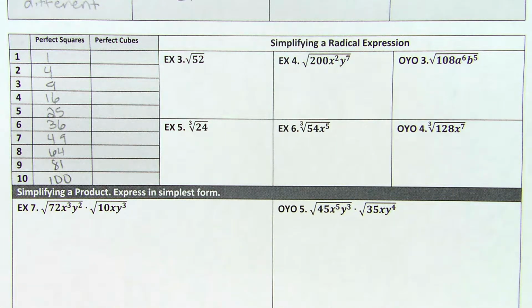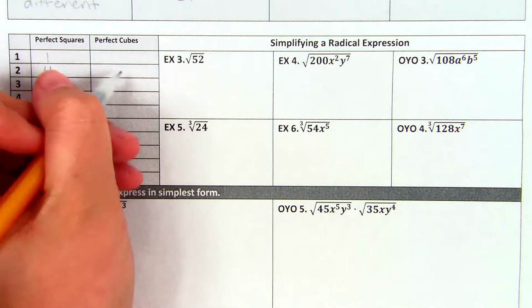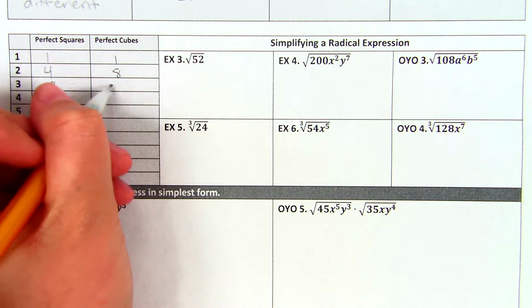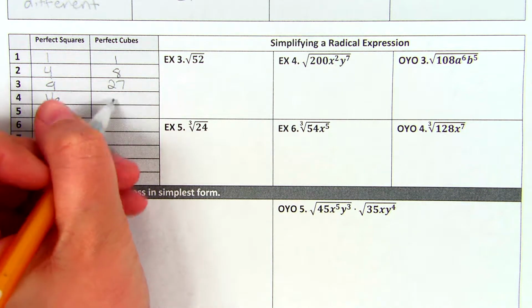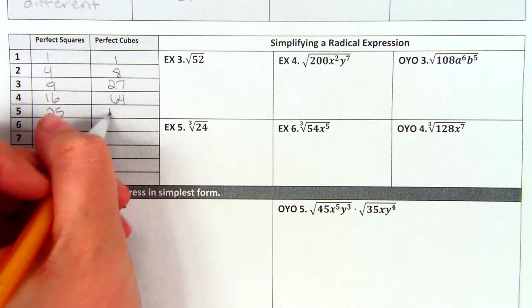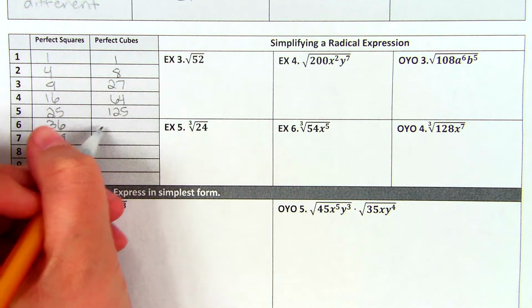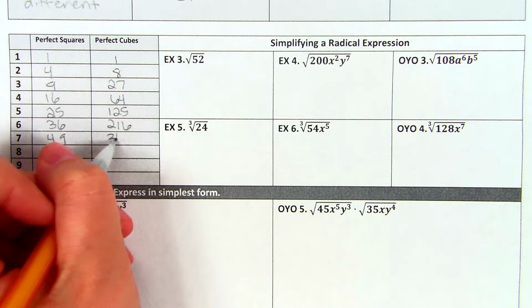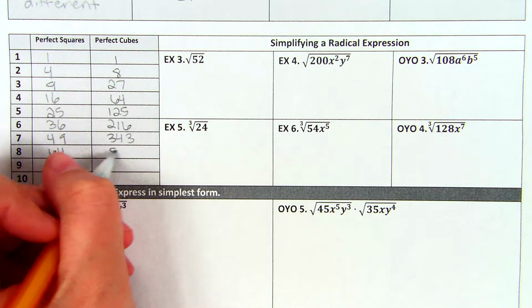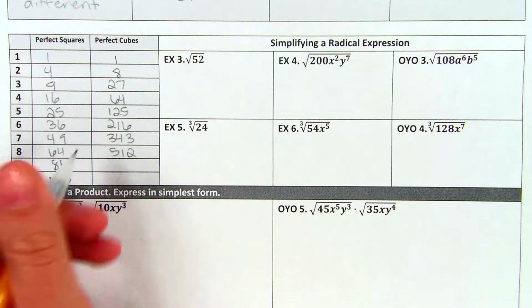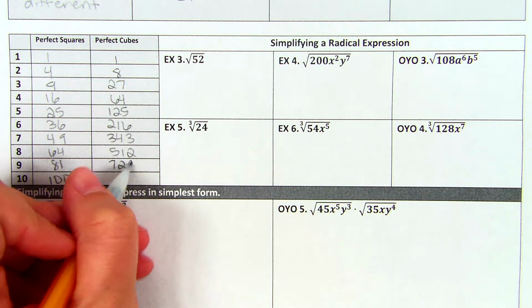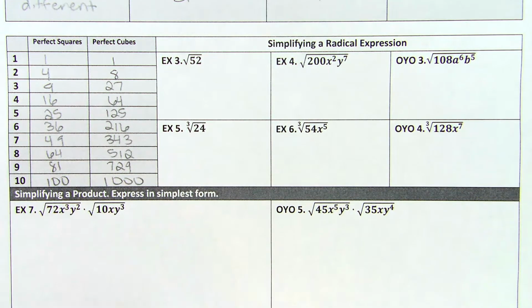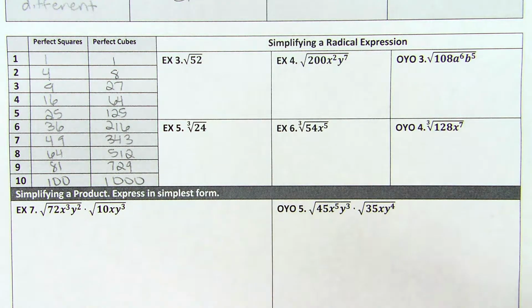Our perfect cubes 1 to 10 are 1, 8, 27, 64, 125, 216, we used that just a second ago, 343, 512, 729, and 1,000. Now keep these in the back of your head because we are going to need them moving forward. For example, with example 3.